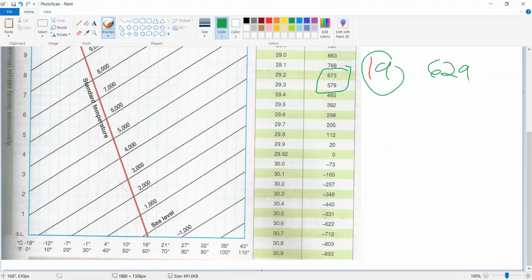Now, next is our elevation, which is 5,250. And our runway temperature is 81.